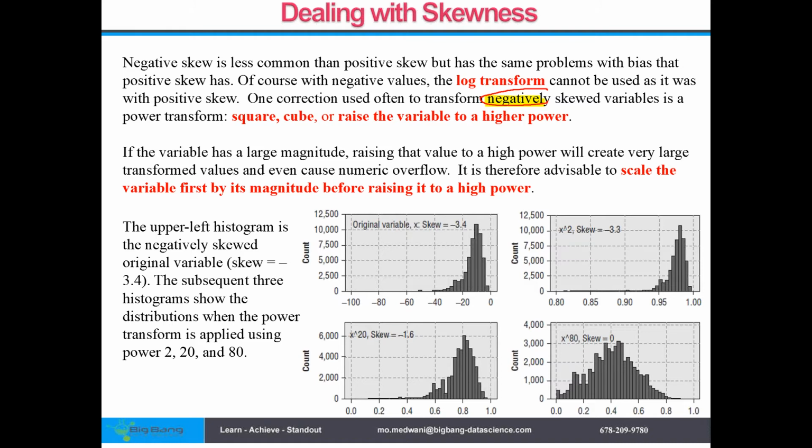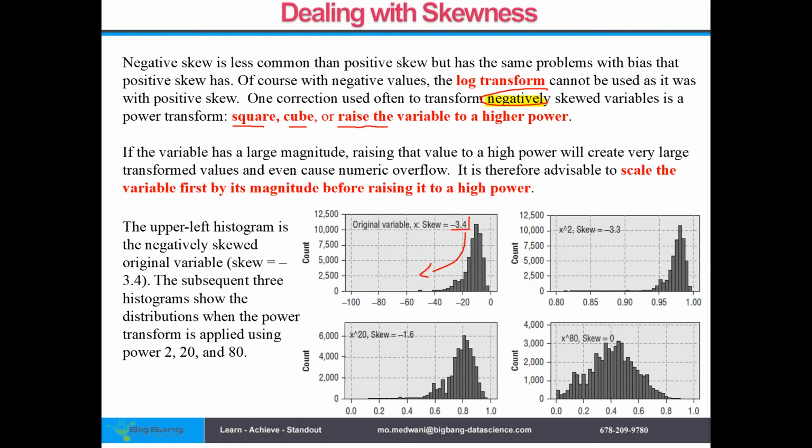Then we are going to use square, cube. So we are going to raise the value of the skewed value to the power of 2, power of 3, and we keep raising until we find the optimal skew. In the example here, this feature is very skewed, and it's negatively skewed.